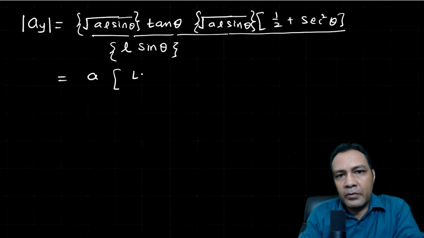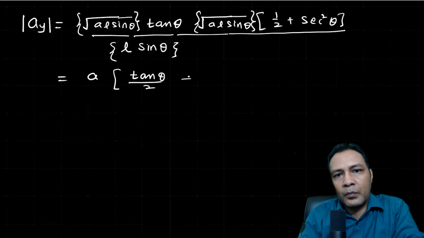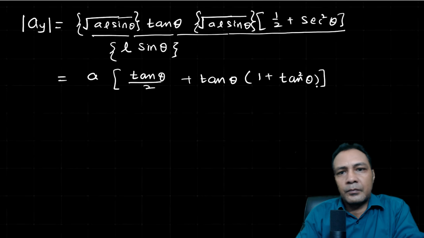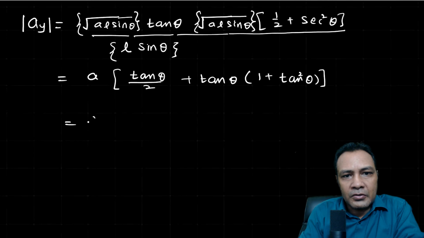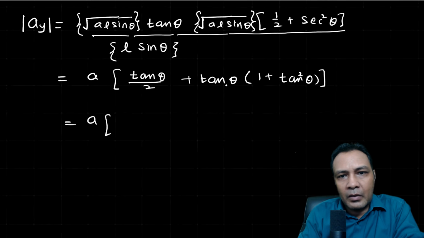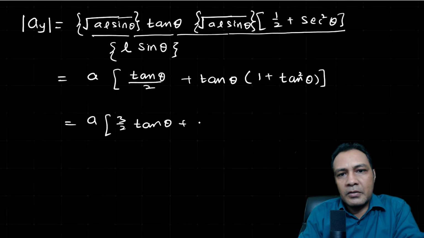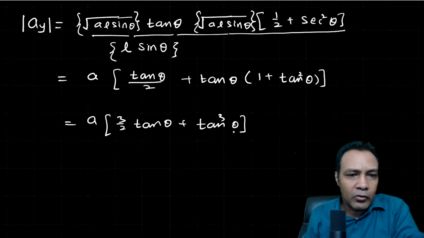So that would be tan theta by 2 plus tan theta, and for the sec square theta part, make it 1 plus tan square theta. So this is A tan theta by 2, 3 by 2 tan theta plus tan cube theta. So we got the answer now.